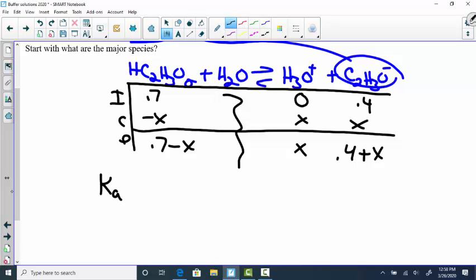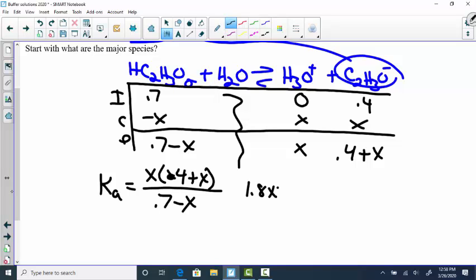We know that the Ka is going to be x times 0.4 plus x all over 0.7 minus x. I can put my Ka in there, which is 1.8 times 10 to the minus fifth. And we can solve this bad boy.